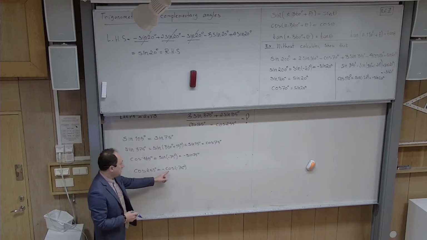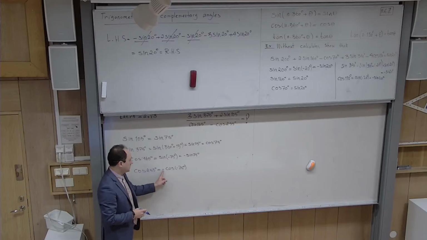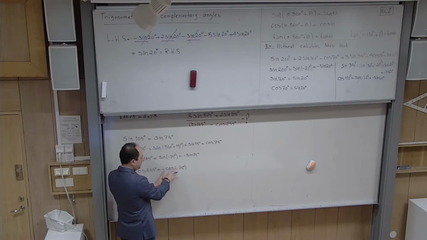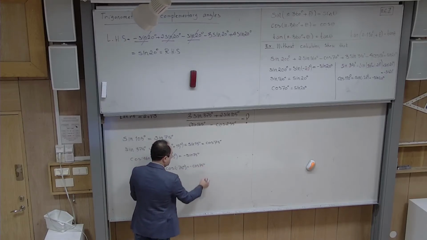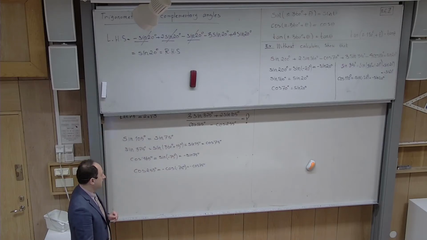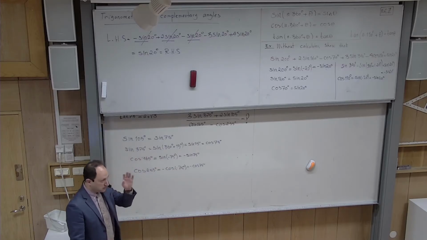But cosine of a negative angle will actually absorb the negative sign, but there is a negative sign outside, it will remain. This one is gone because of cosine. So this becomes minus cosine of 75 degrees. No, I told you for cosine, the minus sign does not go out. It is completely cancelled.